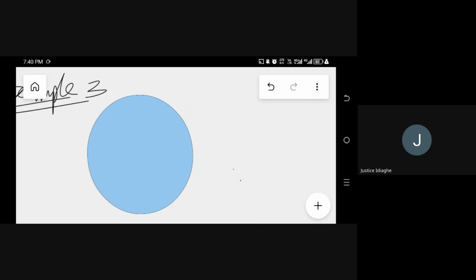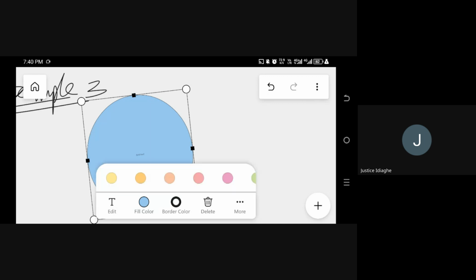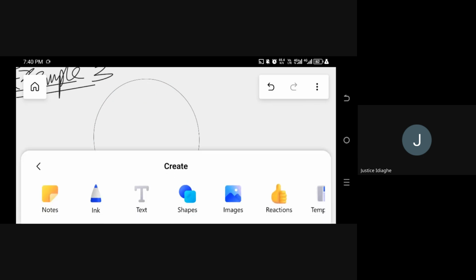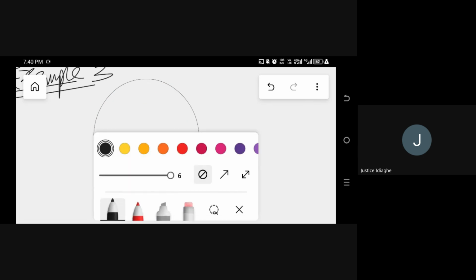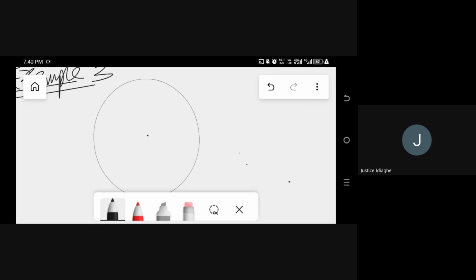All right, so let's say we have this here, and then at the center we have the center there, a chord which is not a diameter.